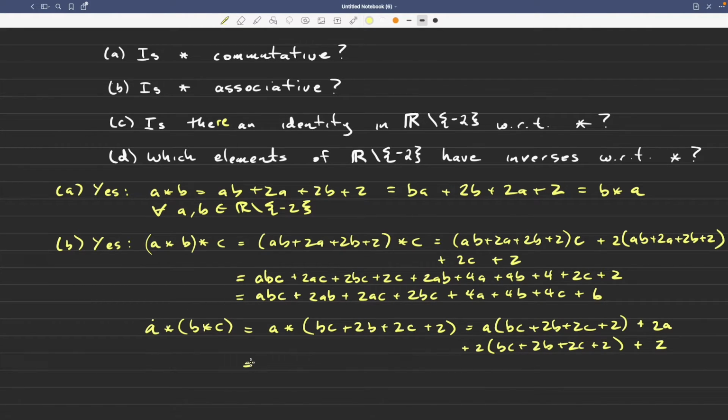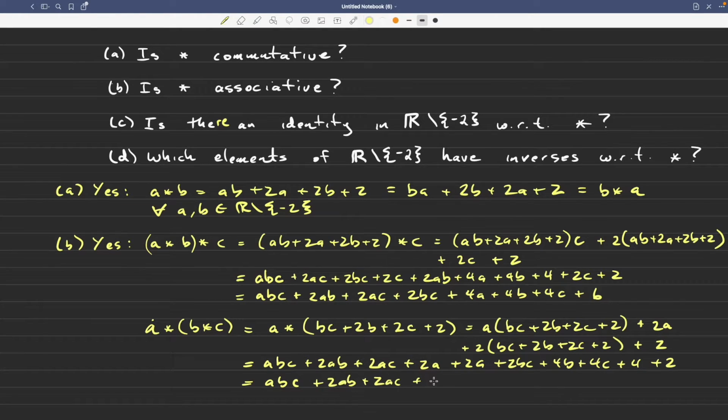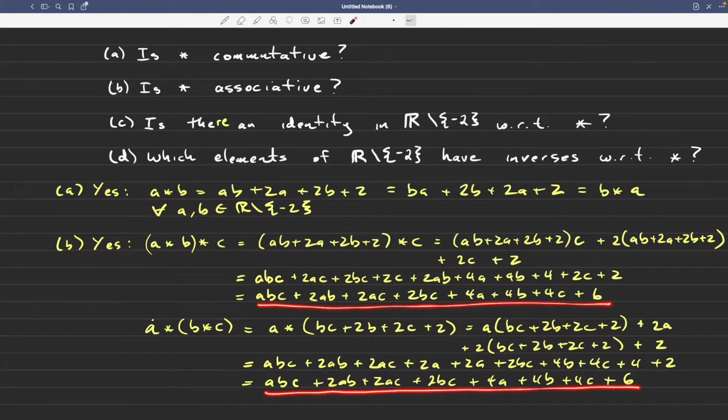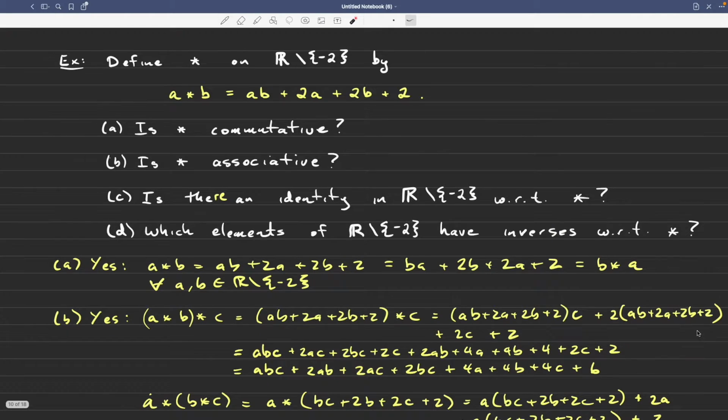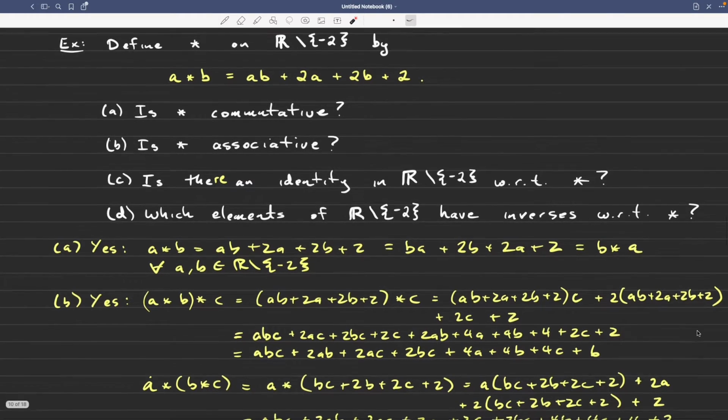And then what does that work out to? When you compare these two expressions term by term, you see they have exactly the same terms. So these two things are equal. Okay, so it's commutative, it's associative, that's great.